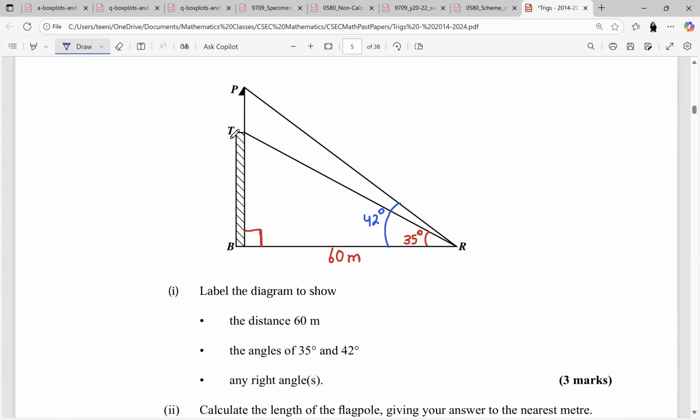And then you can use the smaller triangle, BRT, to find the length BT. And you subtract the length BT from BP, and you will get the length of the flagpole, because the length of the flagpole is the difference between PB and TB.